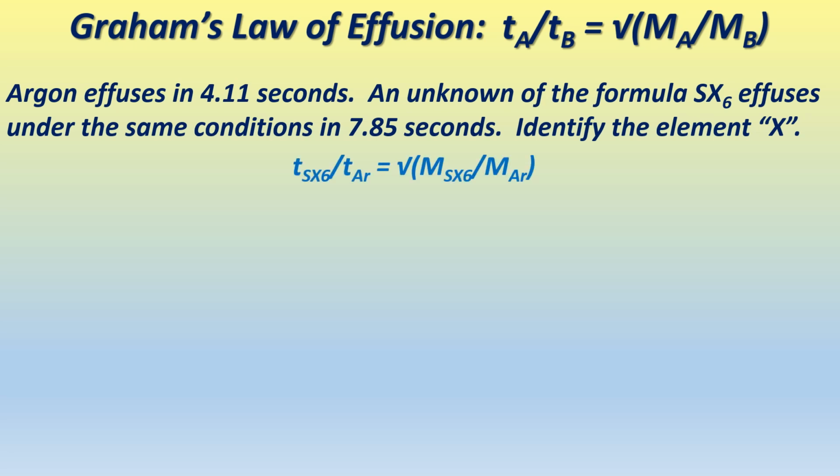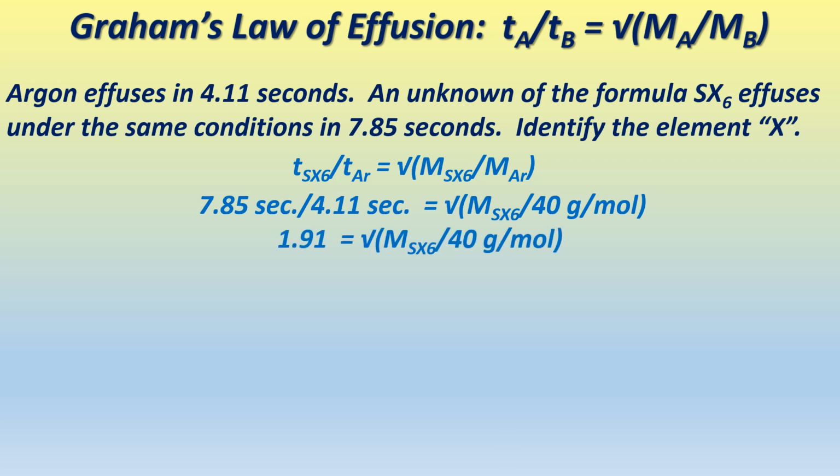For starters, the time that it takes the unknown to travel, 7.85, divided by the time it takes for the known, 4.11, will equal the square root of the mass of the unknown, which is unknown, divided by the mass of the argon, which is known at 40 grams per mole. So the square root of the ratio of the masses is 1.91.